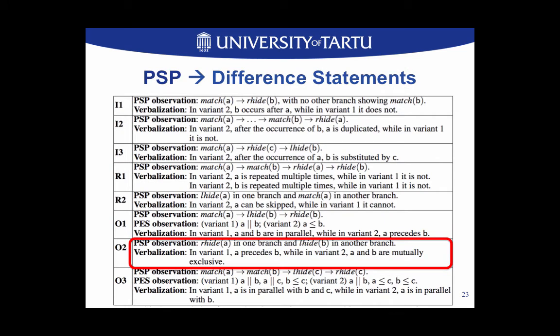We have defined a set of around 8 rules that, when you are in a given configuration in these partially synchronized products between two event structures, based on what you are hiding in one and what you are keeping in the other event structure, we can verbalize the difference that is observed in that configuration. So, for example, I can say that in this case, invariant 1, A precedes B. In one event structure, A precedes B, whereas in the other one, these are mutually exclusive.